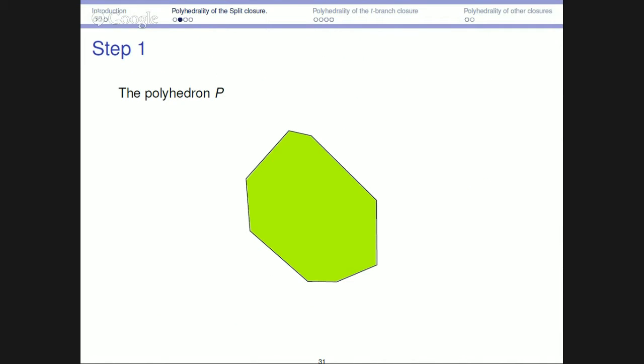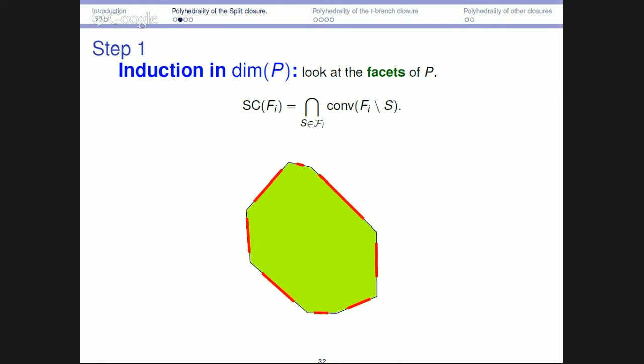You have your polyhedron P, and you want to prove that the split closure is a polyhedron. So we use induction first, induction on the dimension of the polyhedron. This polyhedron has dimension 2, so we look at the facets, which have dimension 1. By the induction hypothesis, the split closure of each facet Fi is given by a finite intersection, a finite set of splits.